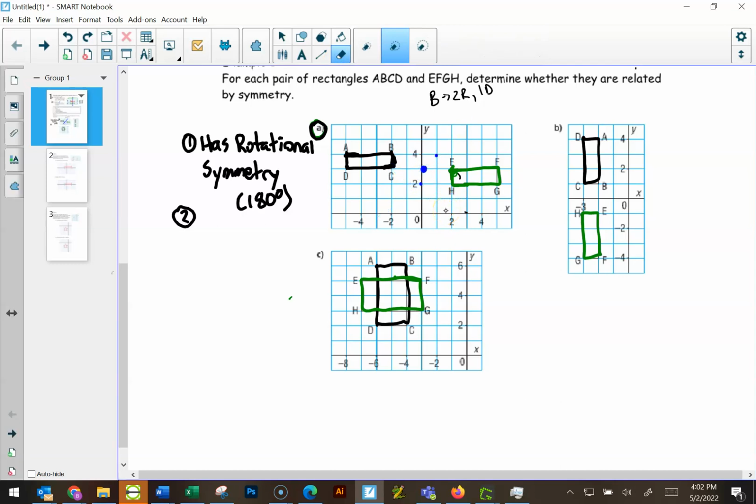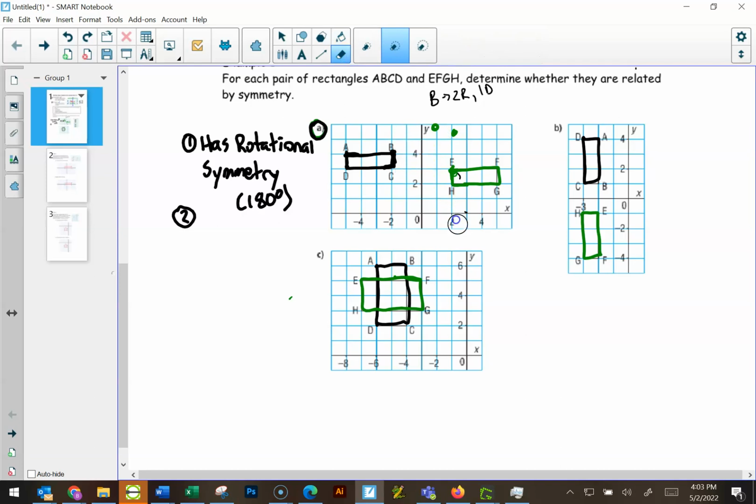And if you looked at it a different way and you thought, oh, well, maybe I drew it the wrong way. Maybe I should draw it this way instead. Is there a way that I can draw a line here where I can reflect it? And you'd find the same thing. You have to go from a 90-degree angle, so your B point would need to be there, and your C point would need to be there somewhere, so that isn't going to work.